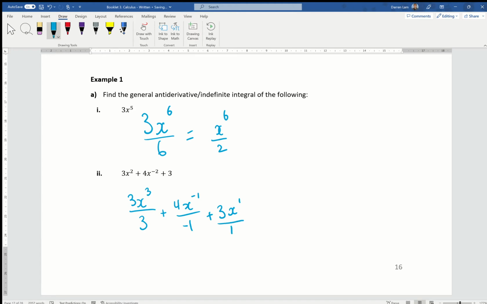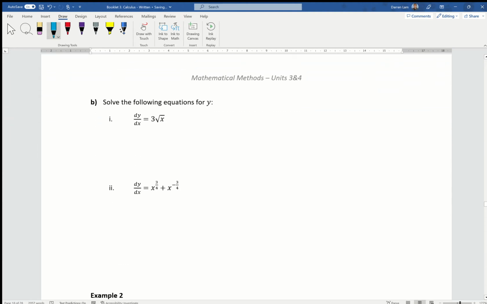So 3 becomes 3x, which simplifies to an answer of x cubed minus 4, and I'm going to write this properly as 4 over x, plus 3x. Don't forget your notation here as well. Okay, so don't forget your antiderivative sign and then your dx as well at the end, making sure that that reflects what variable you're working with.